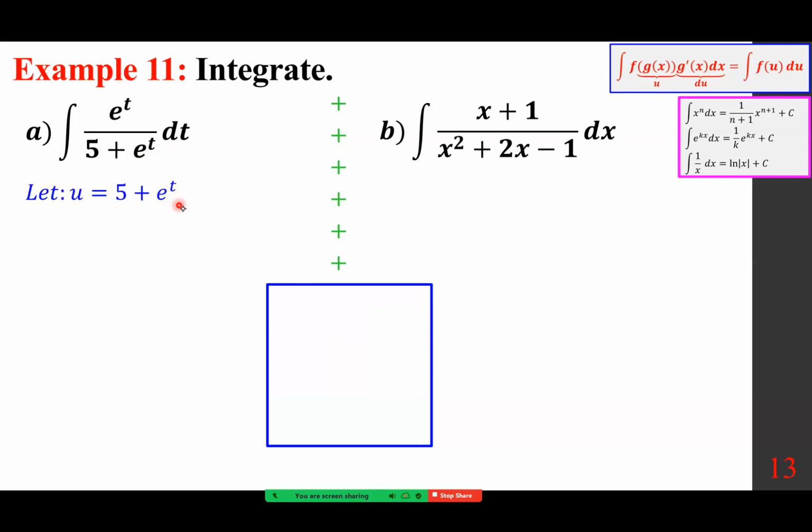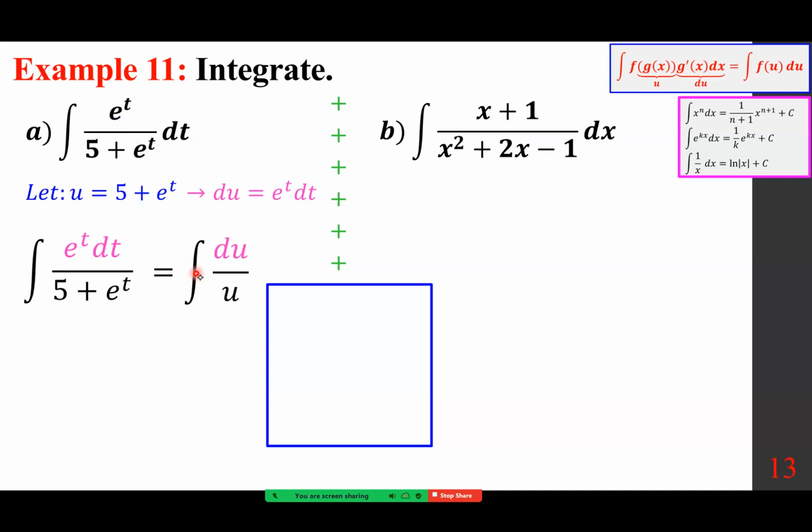The derivative is e to the power of t, therefore du is e to the power of t dt. dt or dx is always part of the numerator. I want you to know that. In a fractional format, it is never, ever a part of the denominator. Put it up there so you can clearly see that you have du over u. And that is a simple integral.